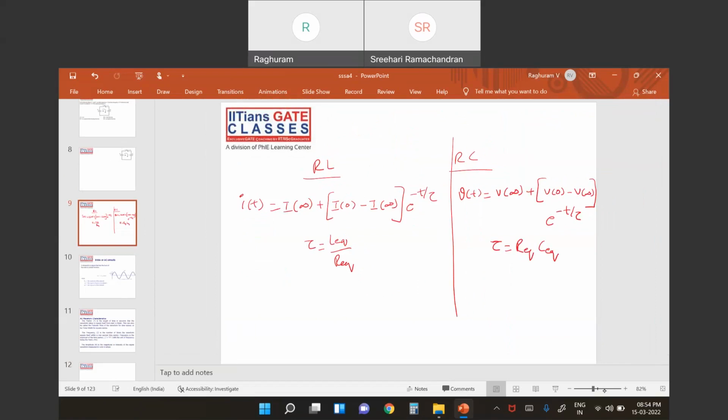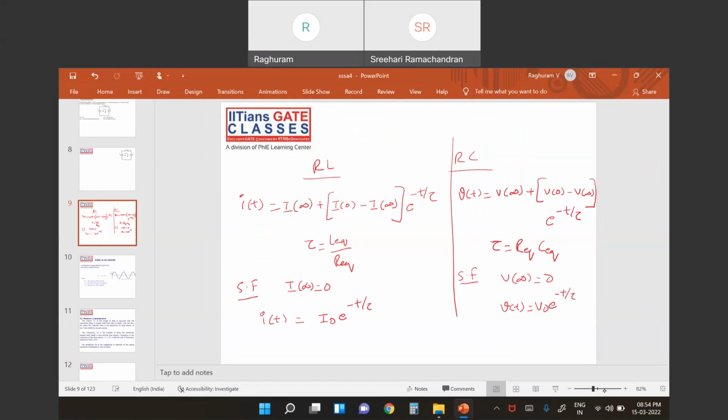If it is a source free circuit, what happens? I of infinity will be 0, and V of infinity will be 0. Then the formula will become I of t is equal to I naught e power minus t by tau, and V of t is equal to V naught e power minus t by tau.